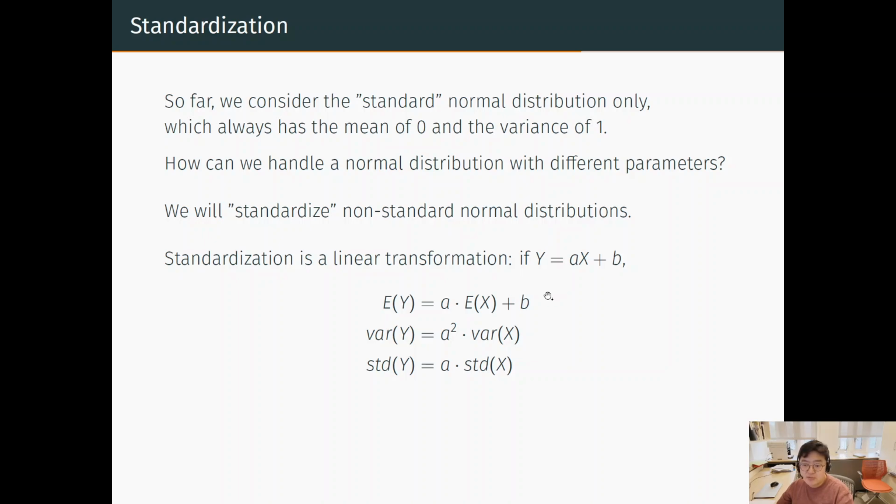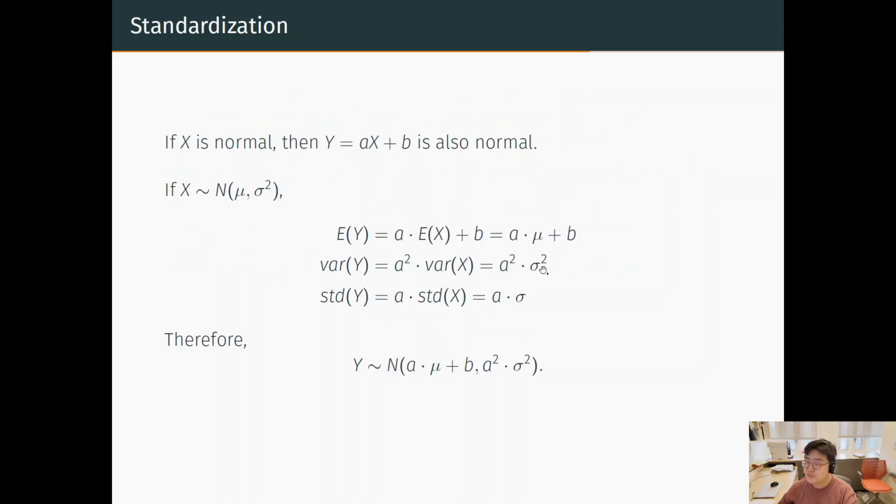How do we use it? We are going to use a linear transformation to make any normal distribution into the standard normal distribution, like this. So suppose that x is normal distribution, and then y is also normal distribution. Actually, this is an amazing property of the normal distribution.